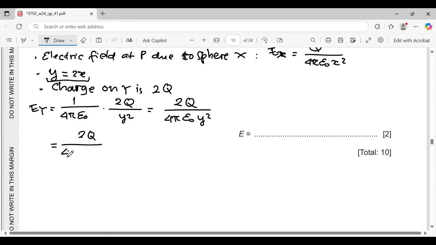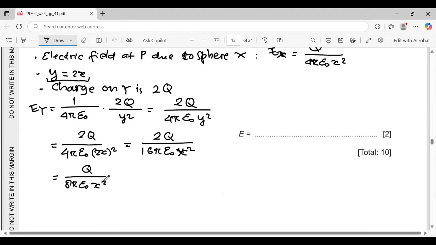It becomes 2Q over 4 times 4, which is 16 pi epsilon 0 x squared, simplified to Q over 8 pi epsilon 0 x squared.